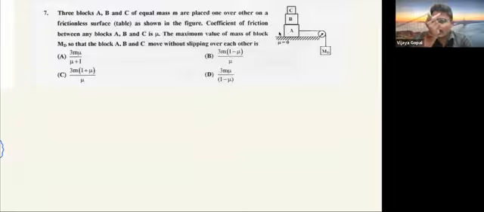Let us do a complete analysis of this question. First of all, you guys tell me what should be the minimum mass of this one so that the system will be accelerated.